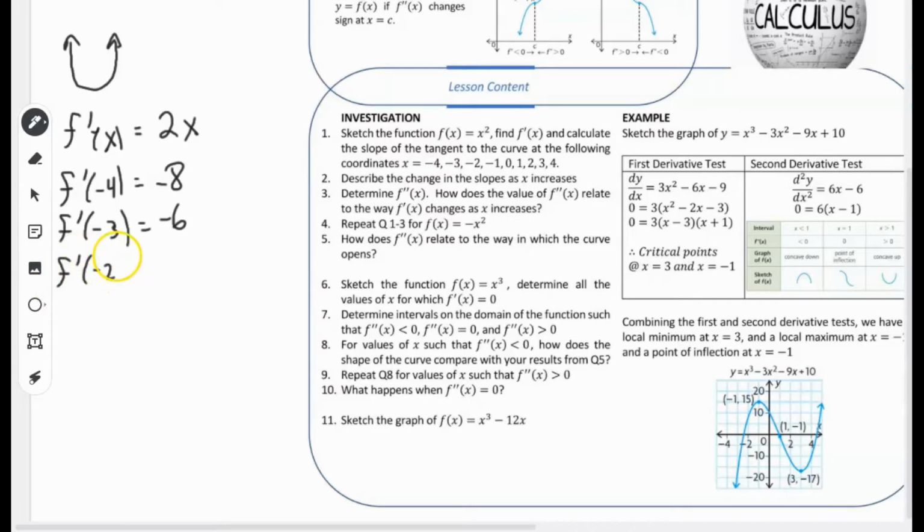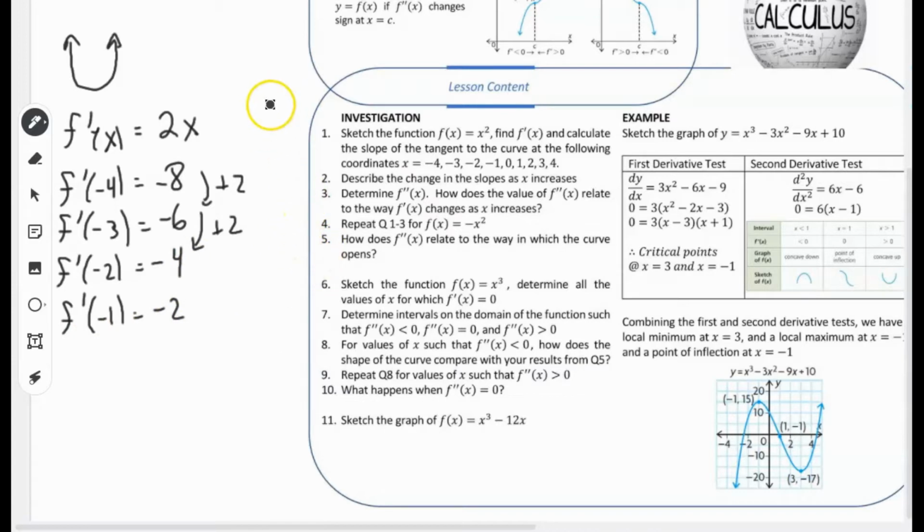So -2 becomes -4, and so on and so on. So we seem to be going up by 2 every time. You can test one more if you like. Equals -2, and f at 0 would be 0, so we keep going up by 2.